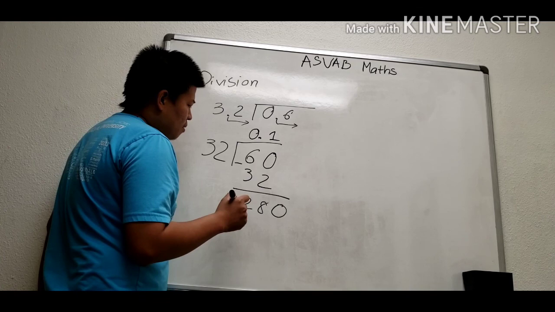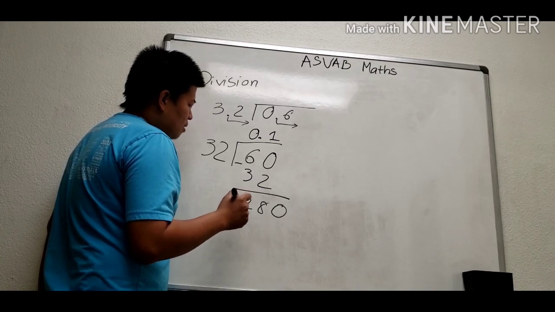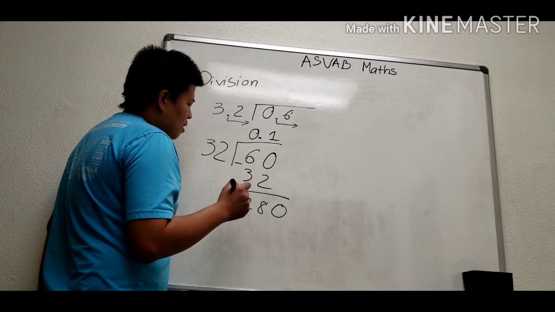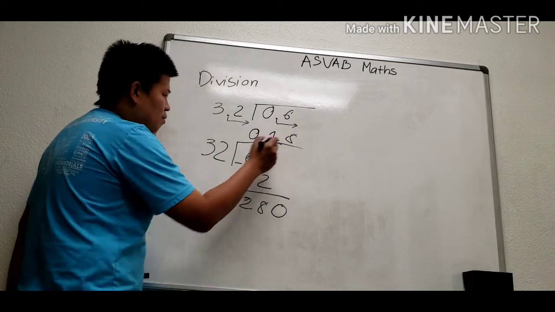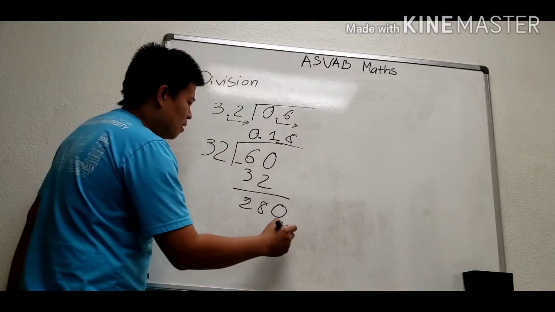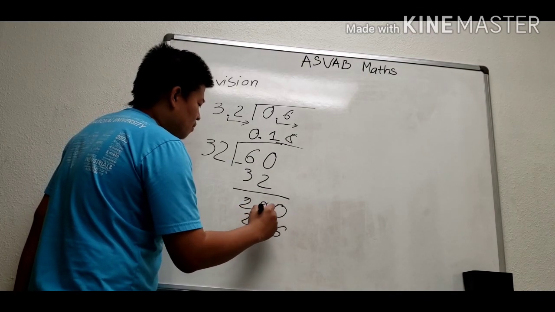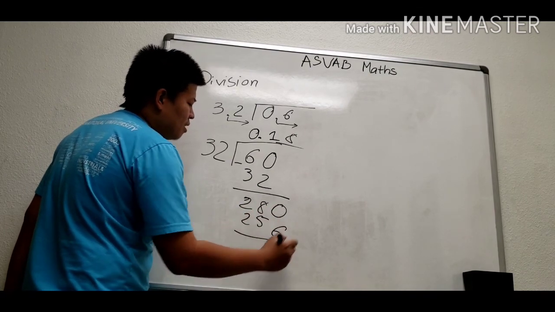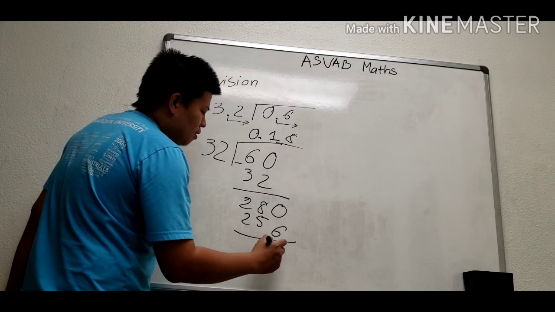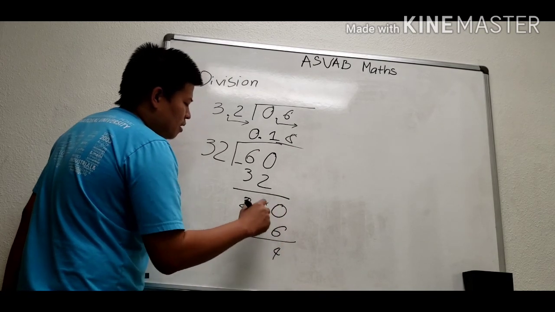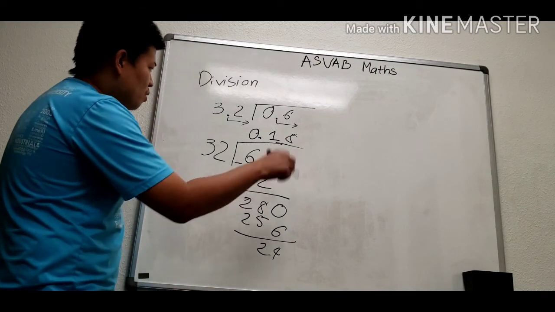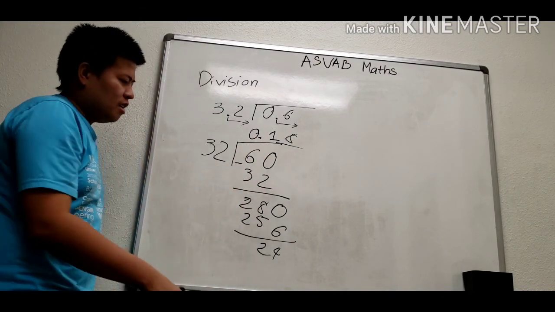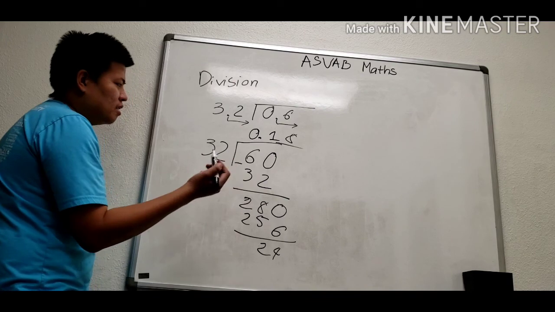And because 8 multiplied with 32 is about 256, we got about 4 in here, and we have 24, and we keep going to divide and keep going on, and that's it.